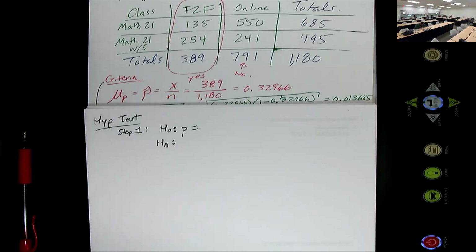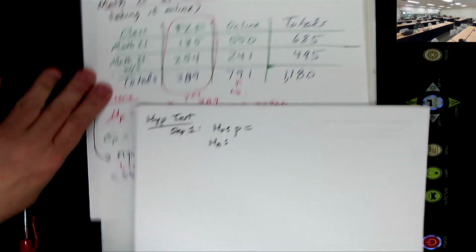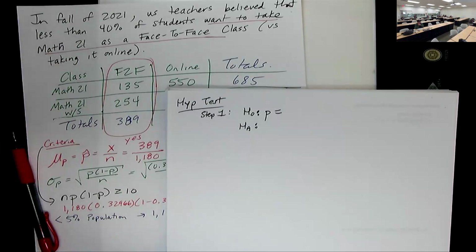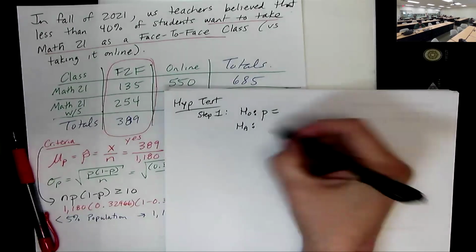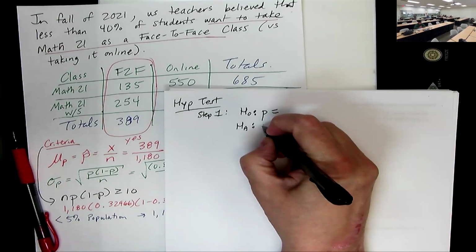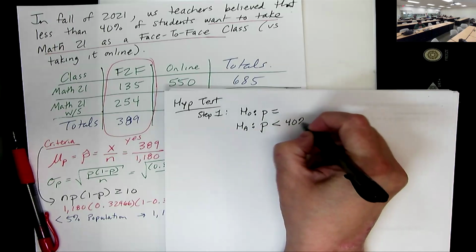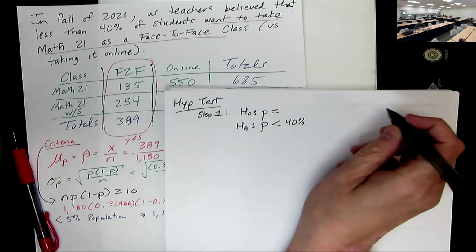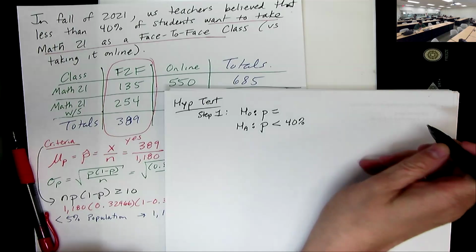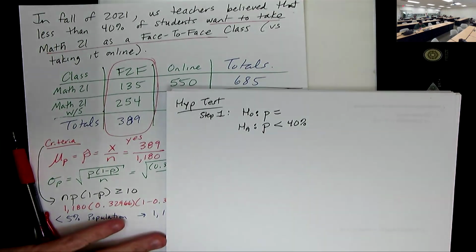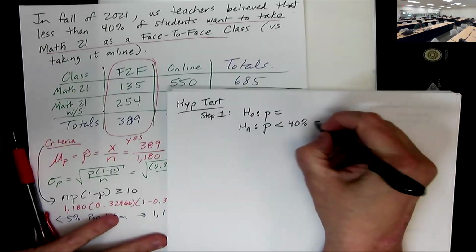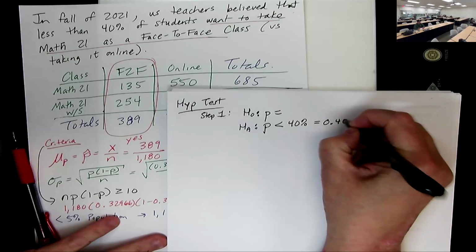Now, the teacher's hypothesis was that less than 40% of students wanted to do face to face. So if we think about the alternate hypothesis, we're saying the proportion is less than 40%. Sometimes starting with HA is the easier thing. We're saying the proportion of students that want to take face to face stats is less than 40%. And we can't use a percentage, so we have to write it as a decimal.